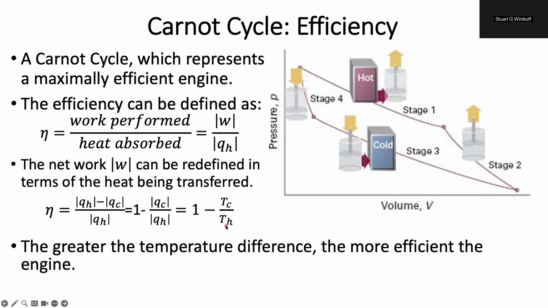But on the flip side, that also means that the closer my heat sink and heat source are to each other in temperature, the less efficient the process is going to be. This is also one of the reasons why you can usually get better efficiencies on industrial scale heat engines than on more commercial or private ones, because those are going to be smaller and that temperature difference tends to be a little closer and naturally a little less efficient.